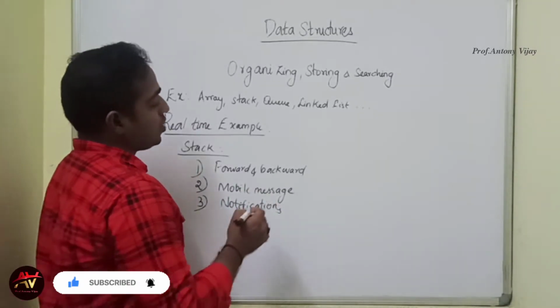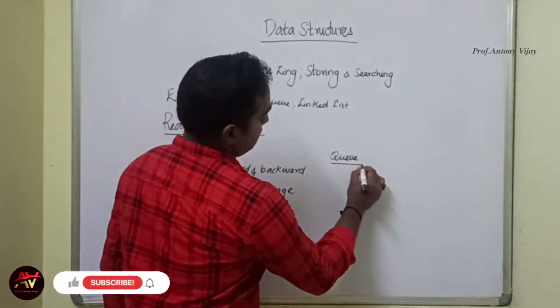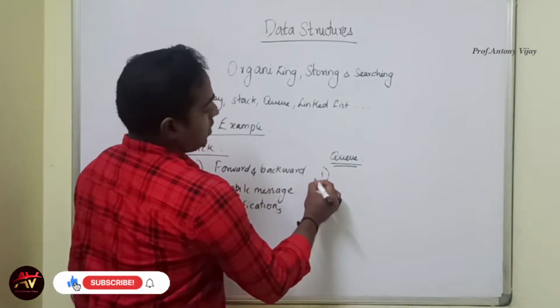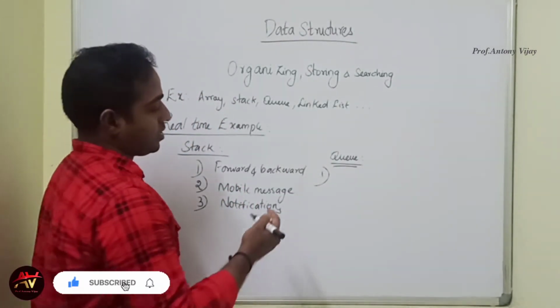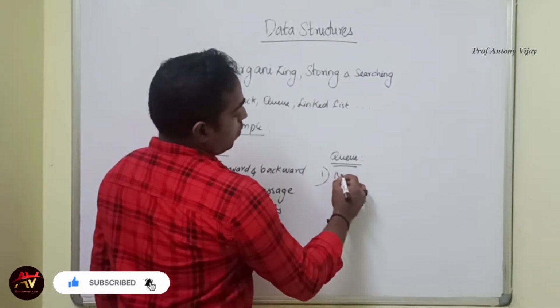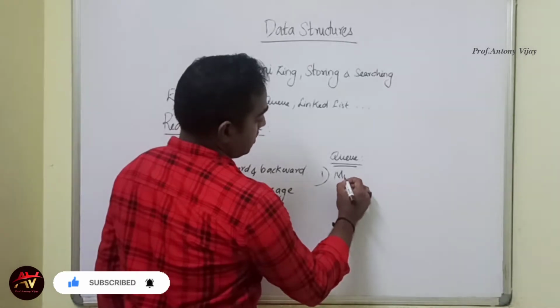When I talk about queue data structure, it can be used for sending multiple messages to a person. So here, one message after another message, it will send to the recipient.